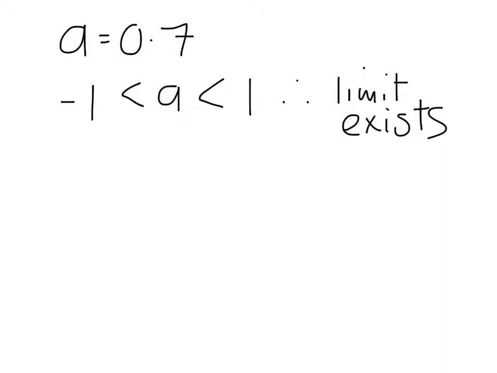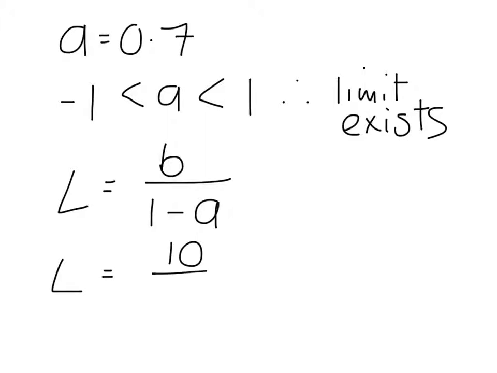That means we can go ahead and calculate the limit, which it asks us to do. Using the limit formula, L equals b over 1 minus a. So that means our limit equals b, which we found to be 10, divided by 1 take away 0.7.